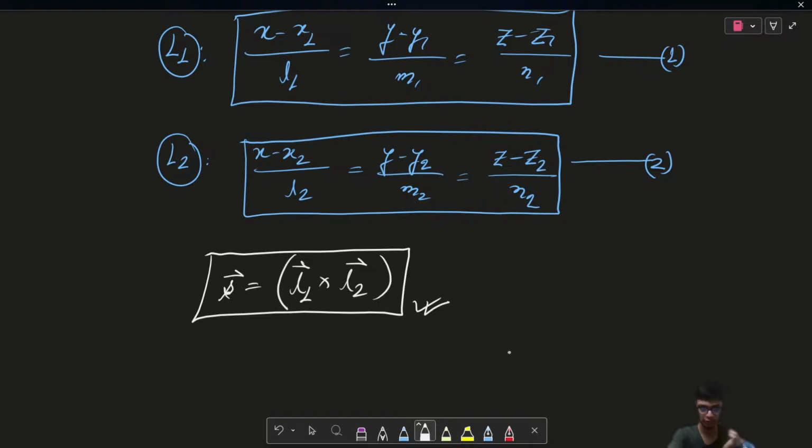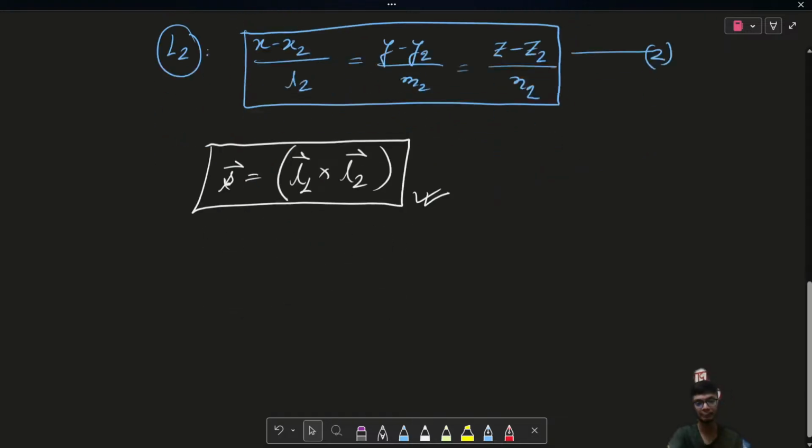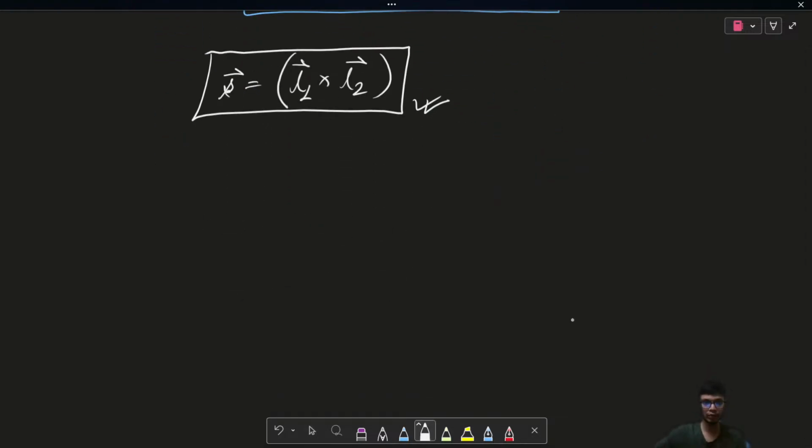That's another question. But once I obtain this line along with this distance, let us say I have two lines like this. This is my A2.